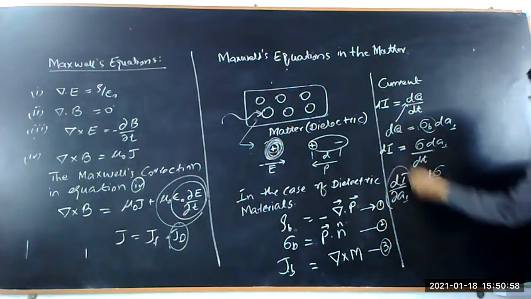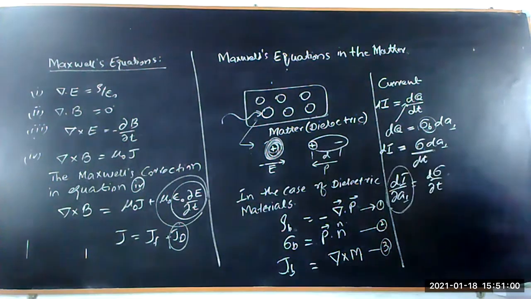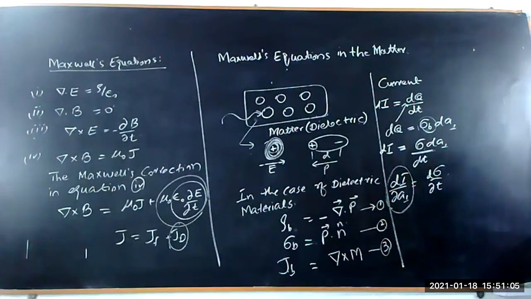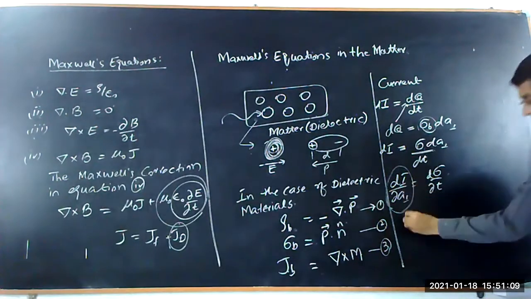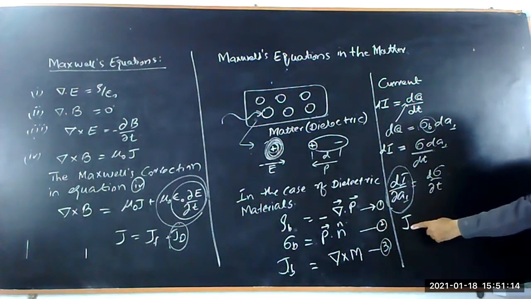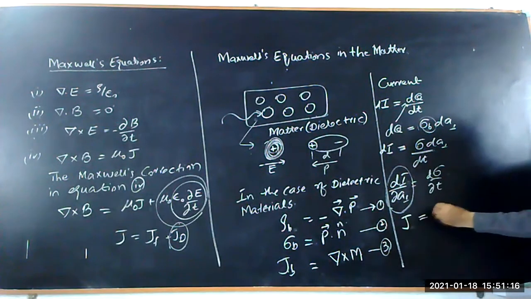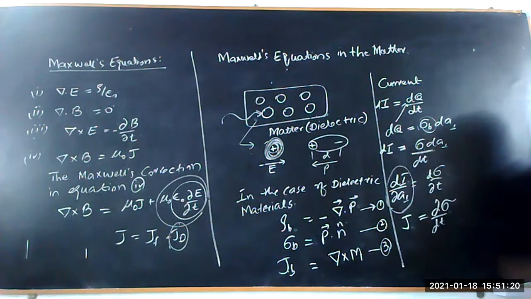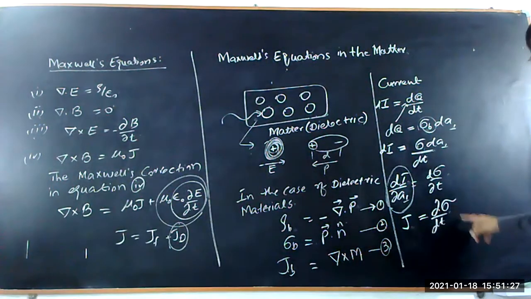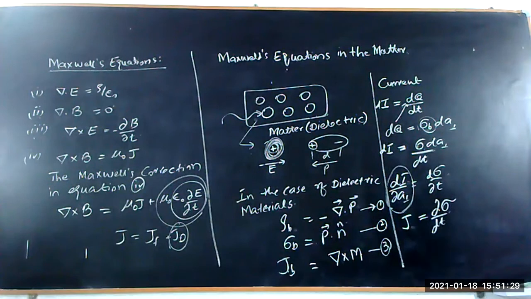Here this dI over dA perpendicular is known as J. Current per unit area is known as the current density, which is equal to d sigma over dt. So J is defined as the current density, equal to the rate of flow of surface charges.